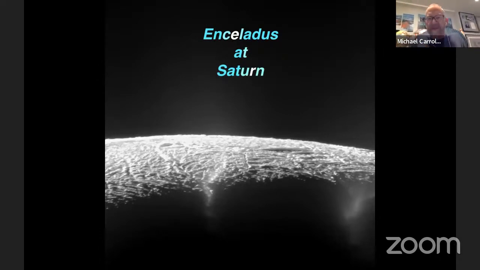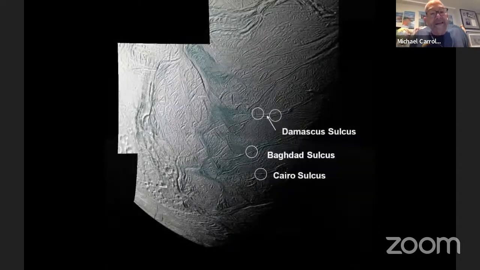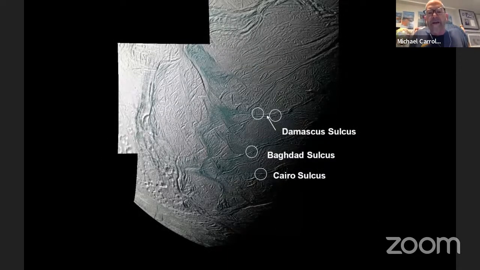Enceladus is about the brightest, intrinsically brightest surface in the solar system. But it does have some color things going on. Subtle blues along these sulci, these canyons where the eruptions take place across the South Pole. The color here is slightly exaggerated, but the canyons are distinctly bluer than the ice around them.